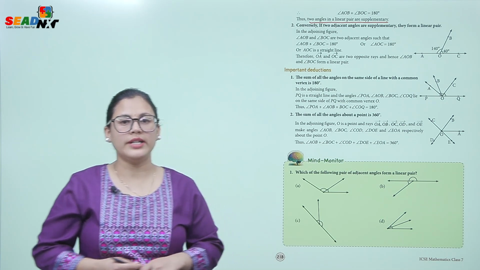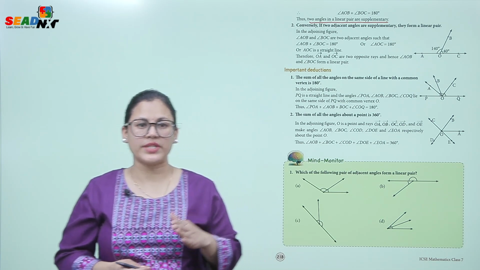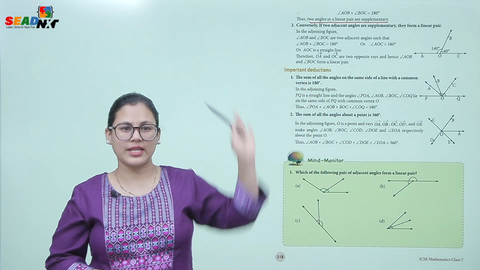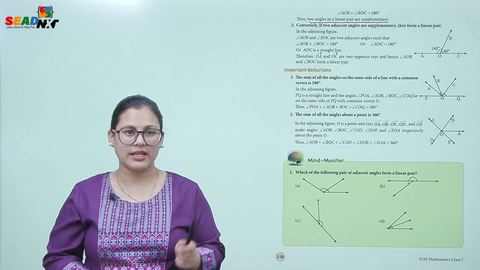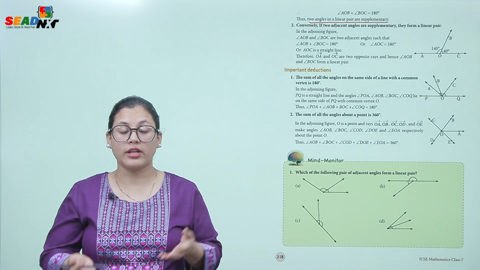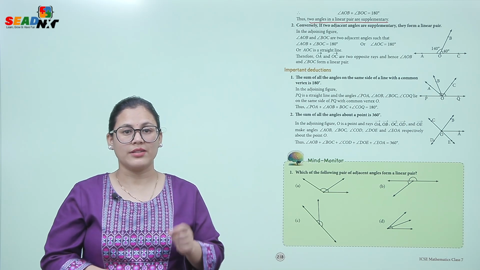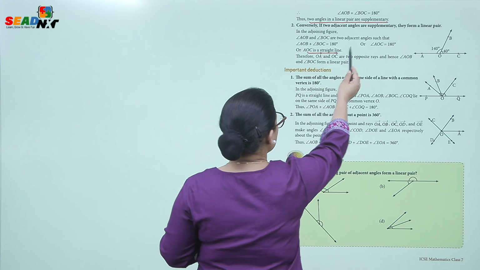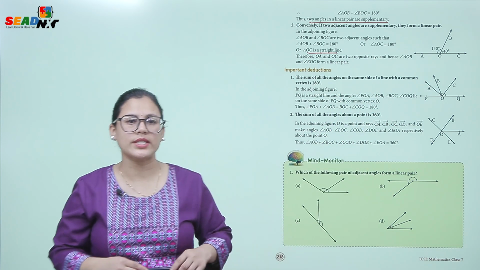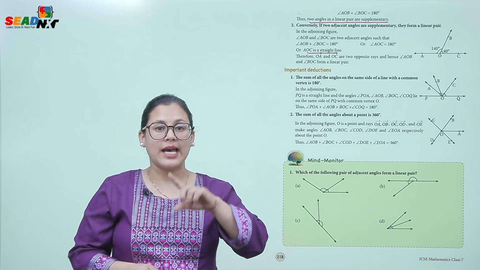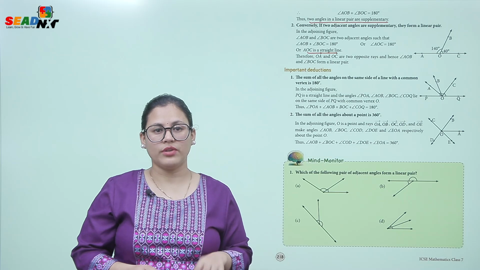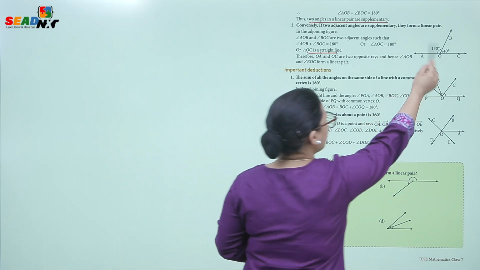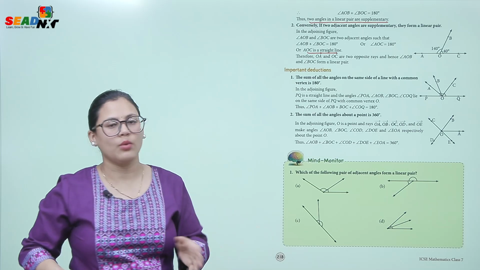In the adjoining figure, angle AOB and BOC are two adjacent angles such that angle AOB plus angle BOC is equal to 180 degrees, or AOC is a straight line. So, therefore, ray OA and OC are two opposite rays, and hence angle AOB and angle BOC form a linear pair, because the sum of these two angles is 180.